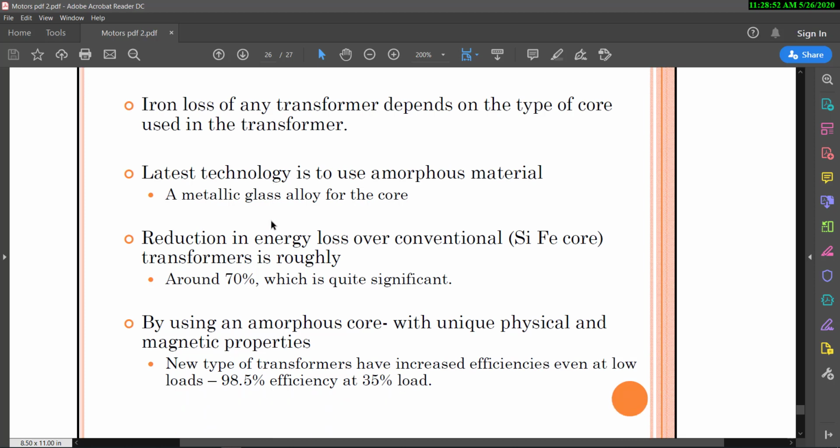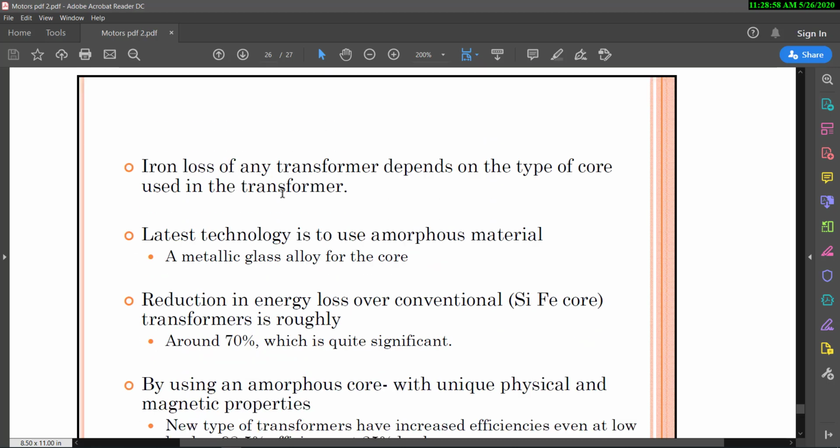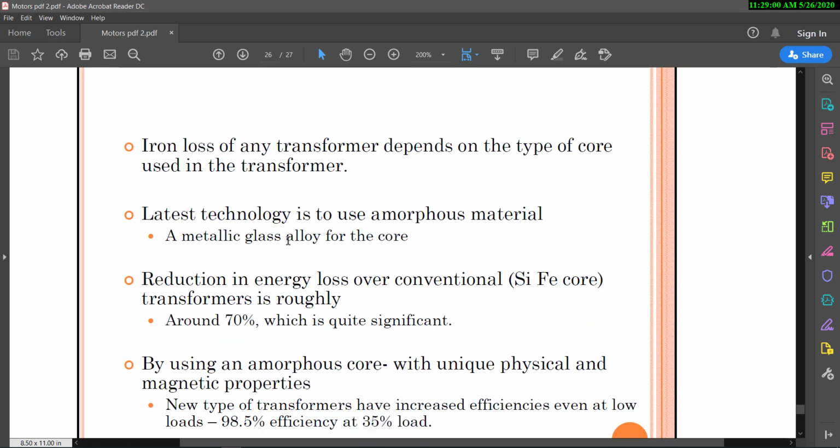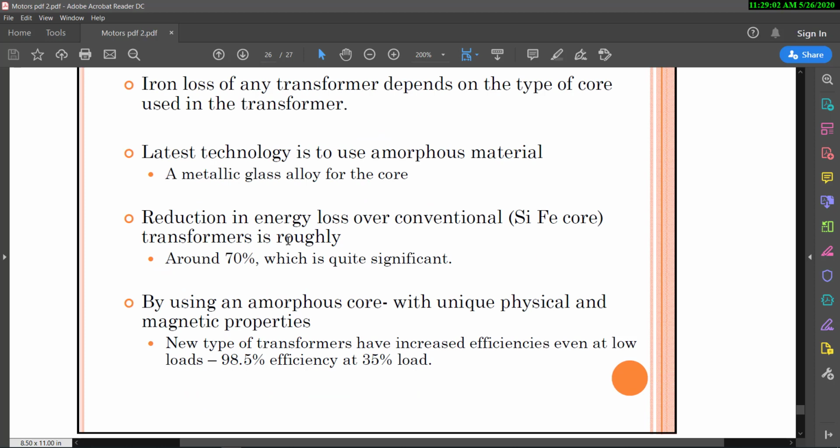The latest technology is to use amorphous material, that is instead of using iron alloy, they are using amorphous material, a metallic glass alloy for the core, which reduces such losses. Reduction in this is one of the major factors, kindly note.